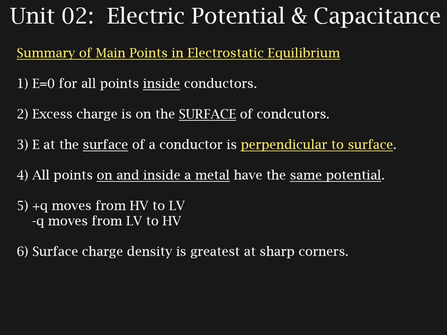At the surface of a conductor, the electric field is always perpendicular to the surface. And this is going to be similar to the gravitational field. When we're standing on the surface of the Earth, it appears to be flat, and the gravitational field, G, appears to point straight down. If you start to zoom out and get high up into the atmosphere, you'll begin to see that the Earth is actually curved and that the gravitational field is pointing towards the center of the Earth.